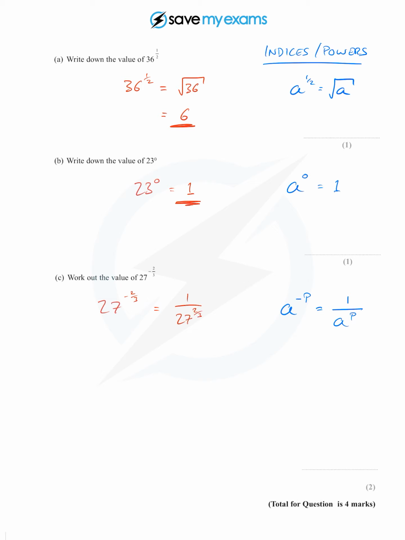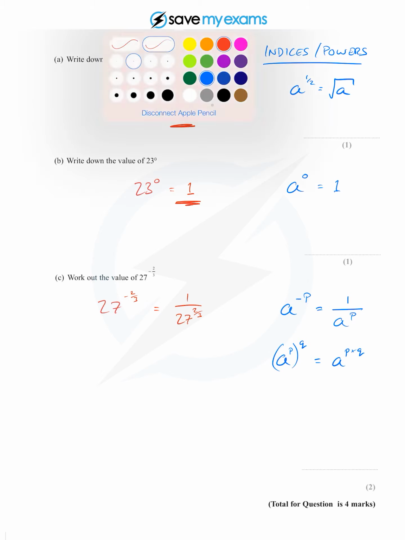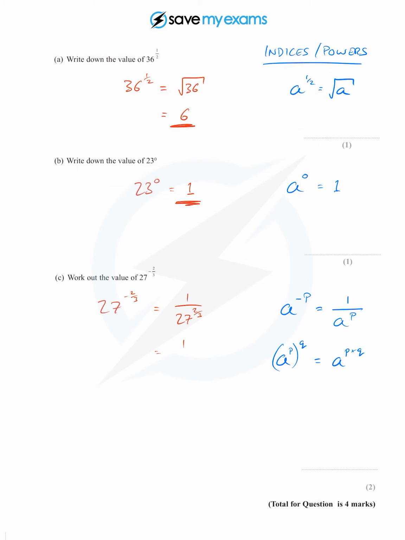Now I want to split up that 2/3 because by itself it's not entirely clear what it means. And the law I'm going to use is the one that ends up with a to the p times q. And I hope you remember that that's a to the p to the power of q. So I'm going to split this up as 1 over 27 to the 2 times 1/3.